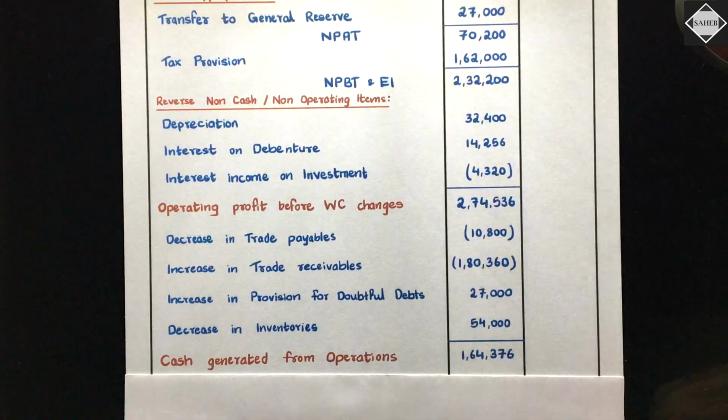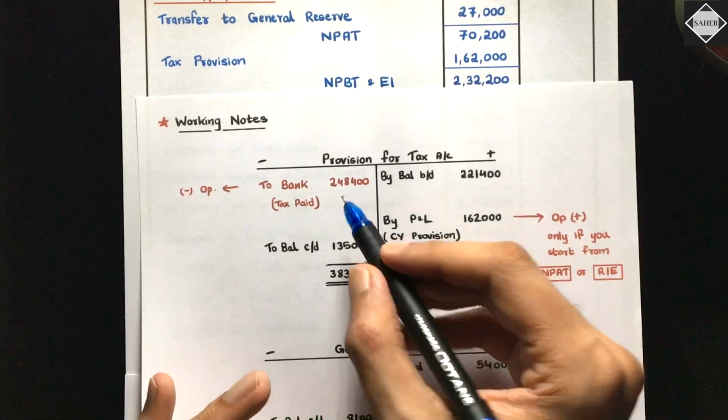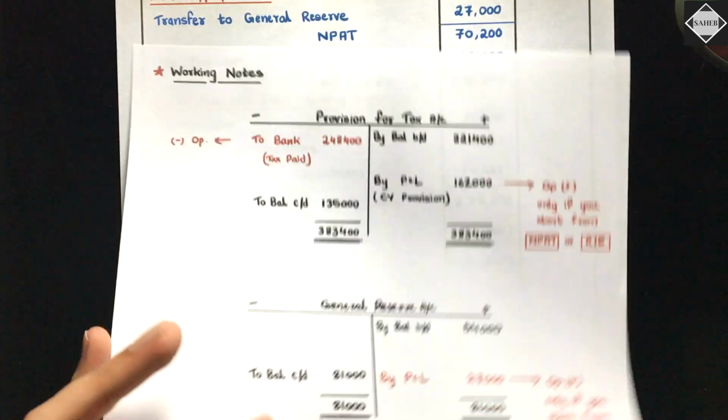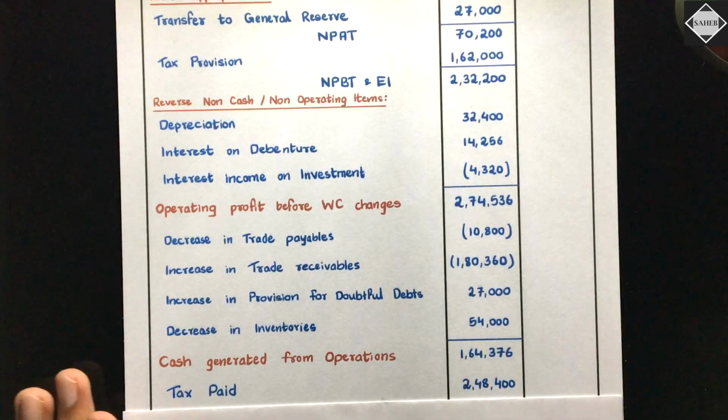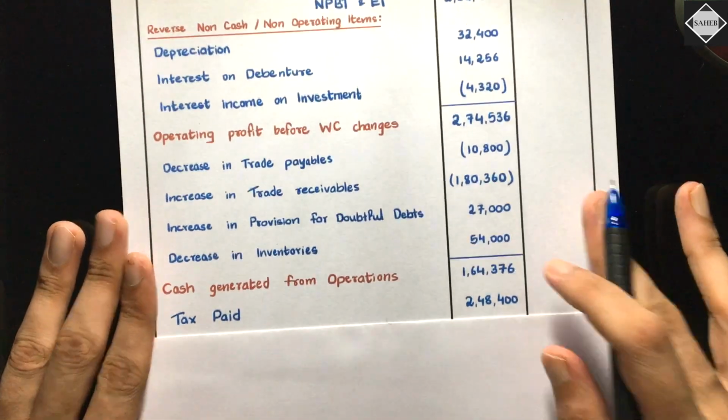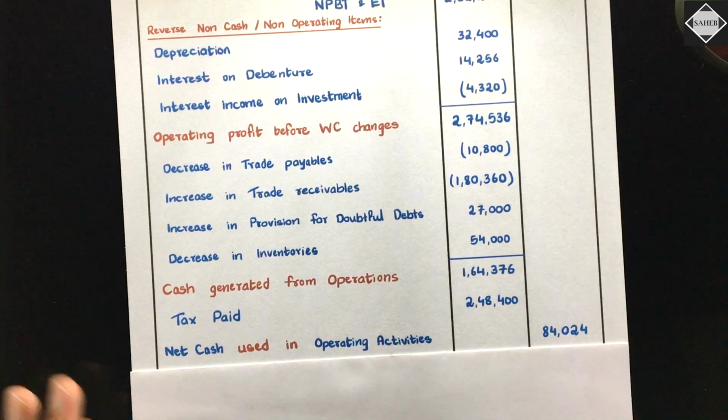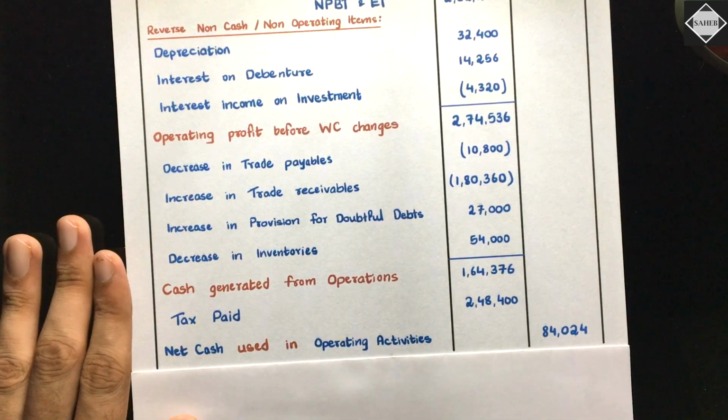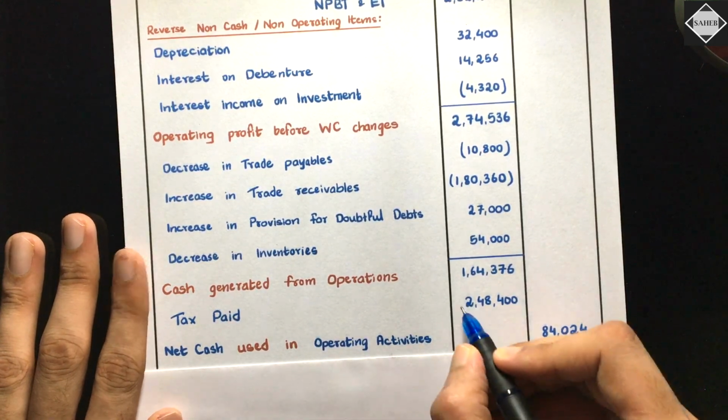How much tax paid? Just see the ledger account, the tax paid is 2,48,400. So minus tax paid 2,48,400, that is equal to net cash used in operating activities.